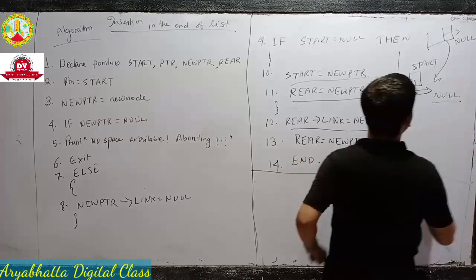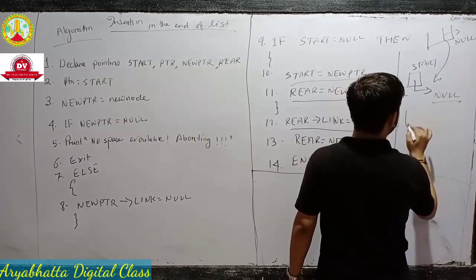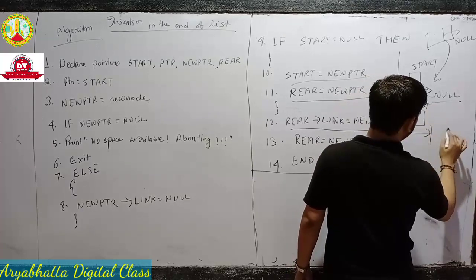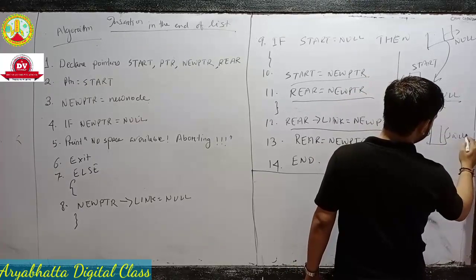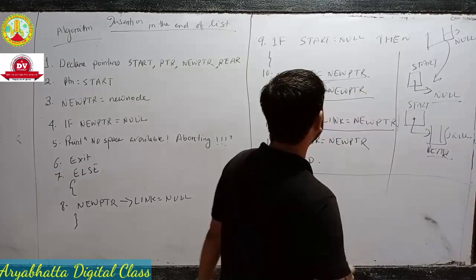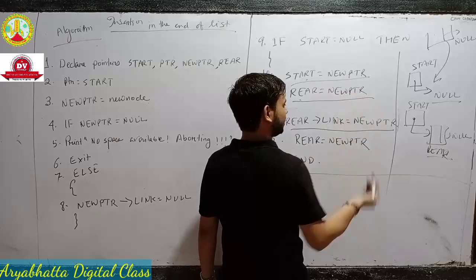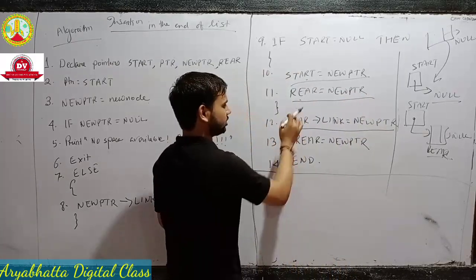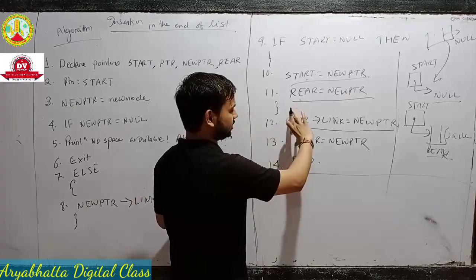When you insert it, the new node is the ending, and this is also the rear position, so start is new ptr, rear is new ptr, same thing. But this is actually under the else condition. Else is not written in the book, that's why it's not there, but this is under the else condition.